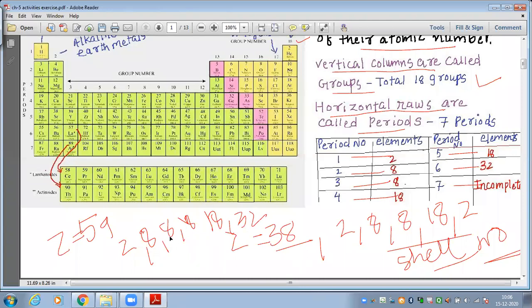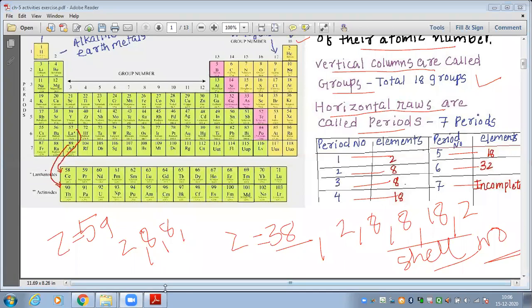Now you just need to calculate it: 10 plus 8, 18, 18, 36, 36 plus 10, 46 plus 8, 44 plus 2, 46 plus 30, it is 76. So this is what it gives us.